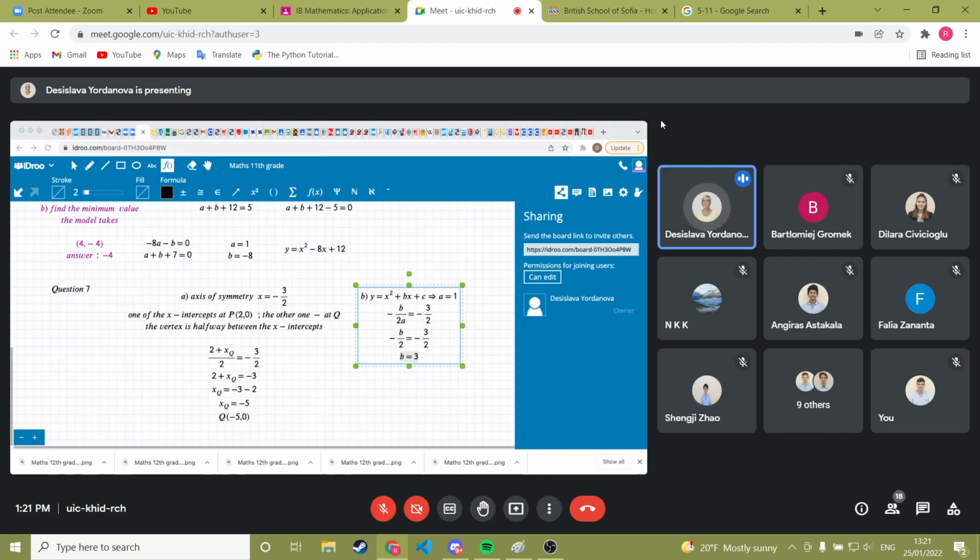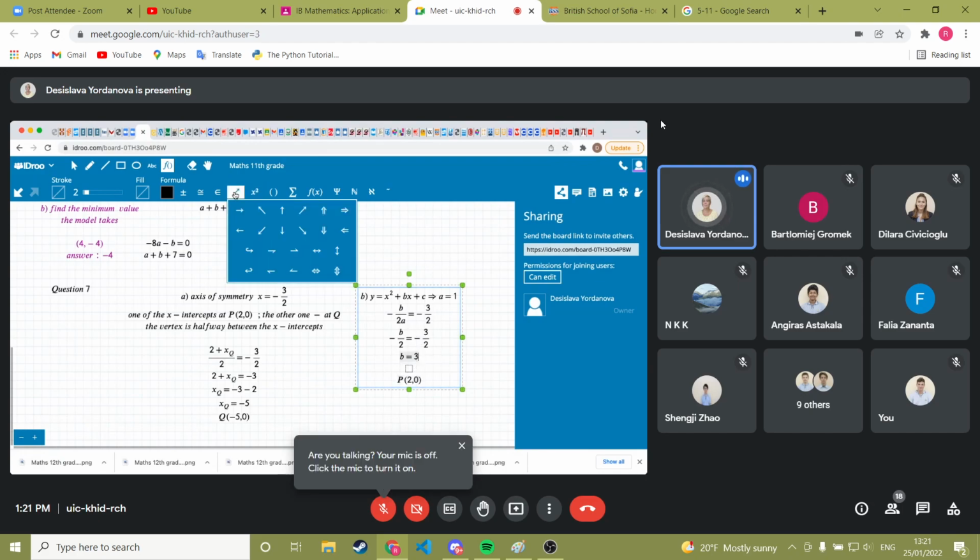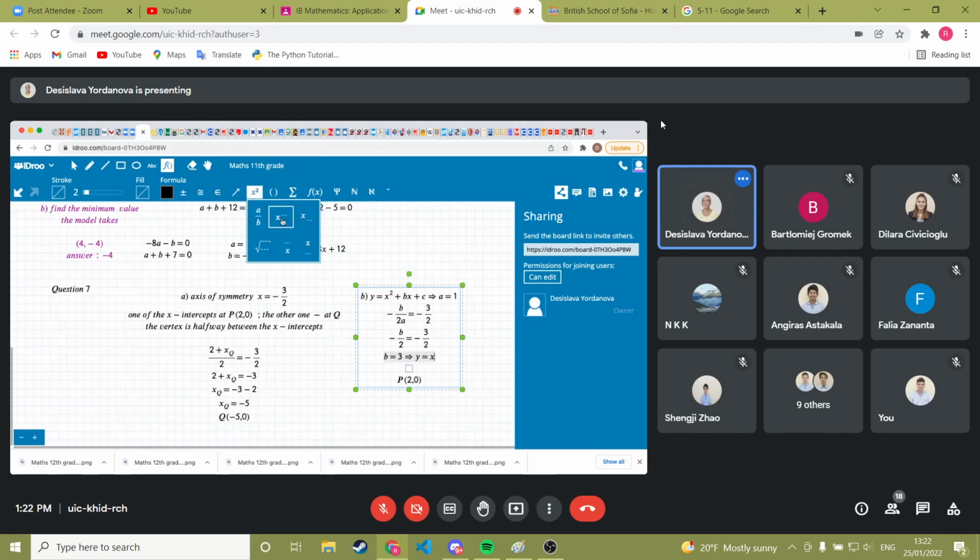Okay, and we can use one of the x-intercepts, for example, 2, 0, because it lies on the graph of the function. From b equals 3, we will have that the equation is y equals x squared plus 3x plus c.